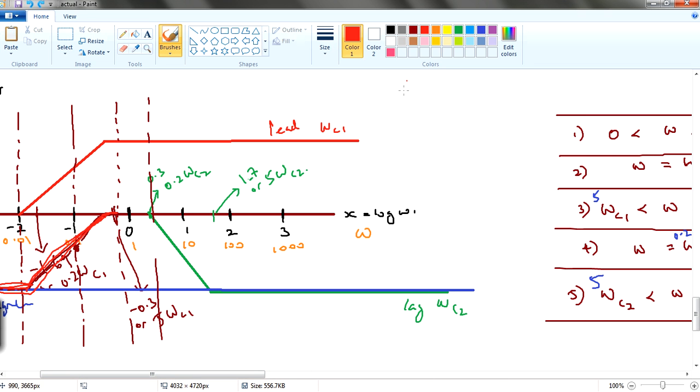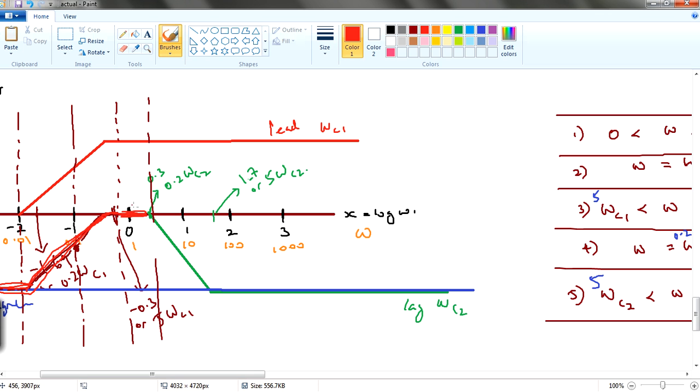If you remember, the cutoff frequency can be split into two sections: one before the 45 degrees, and another when it is 90 degrees. I think you know this already, otherwise go and look back. Now currently I'm talking about this range over here.